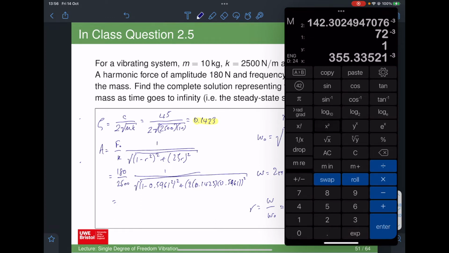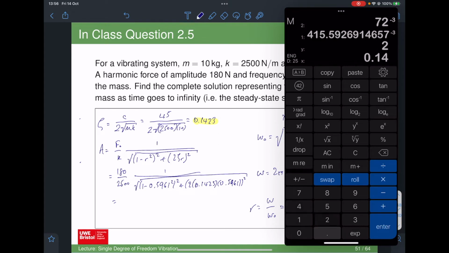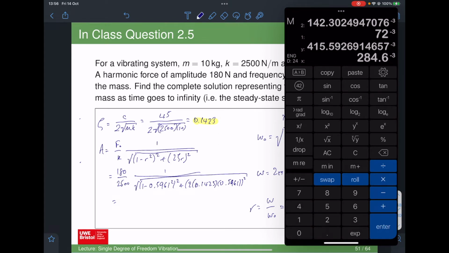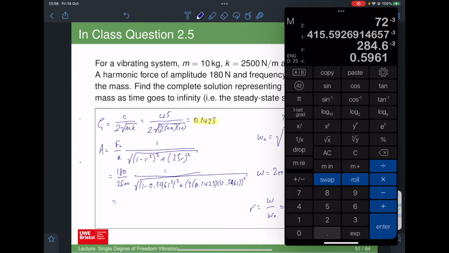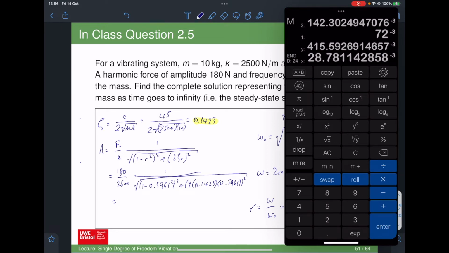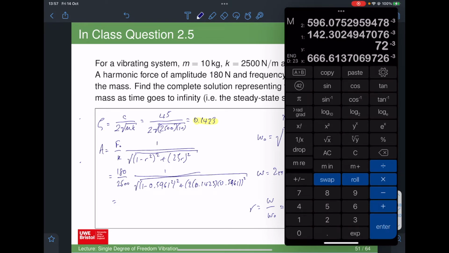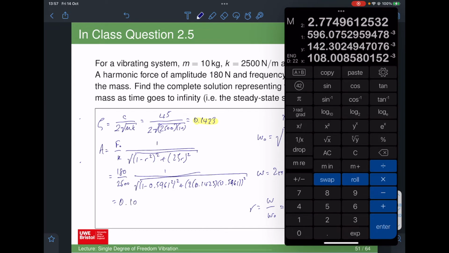What do you get here? 0.0829. I think I'm just probably typing it. I've got the damping ratio the same. I think it's just on the right now. It could be.